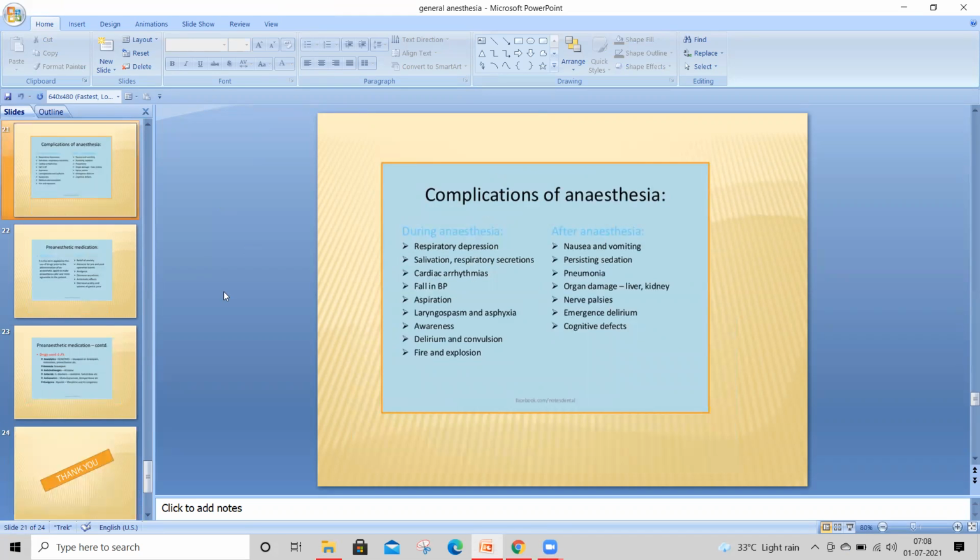Again, complications of anesthesia. This is an important slide. You have to know the complications of anesthesia, during anesthesia and after anesthesia.